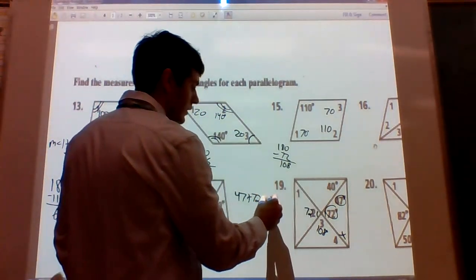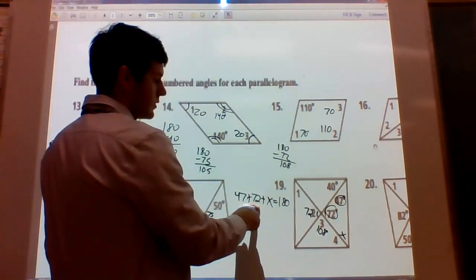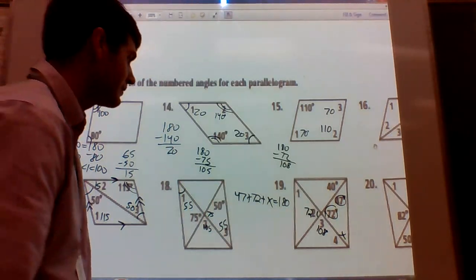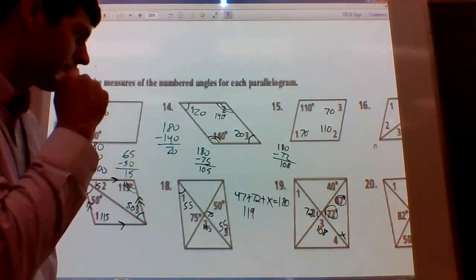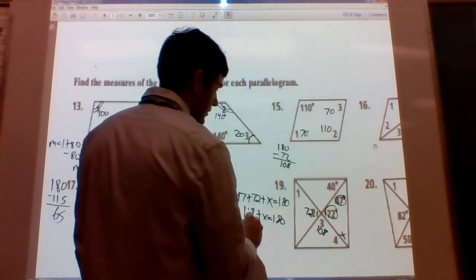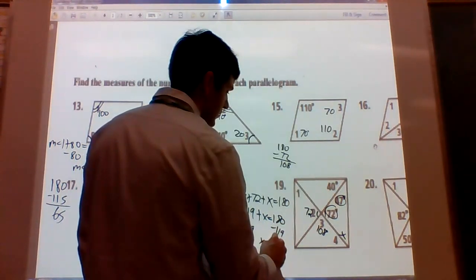Plus x equals 180, because the three angles of a triangle add up to 180. This is going to give us 79 plus 40, which is going to be 119. Plus x is 180. Subtract 119. We get x equals 61.